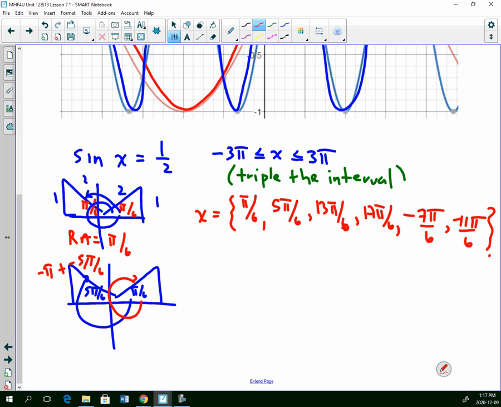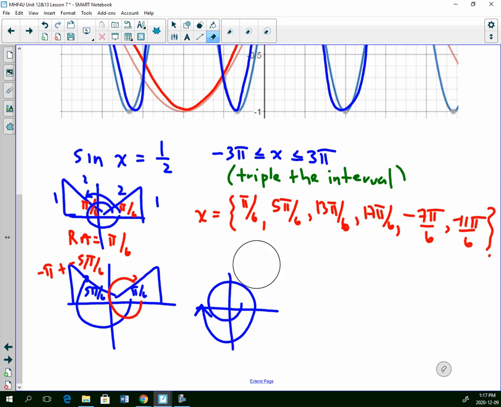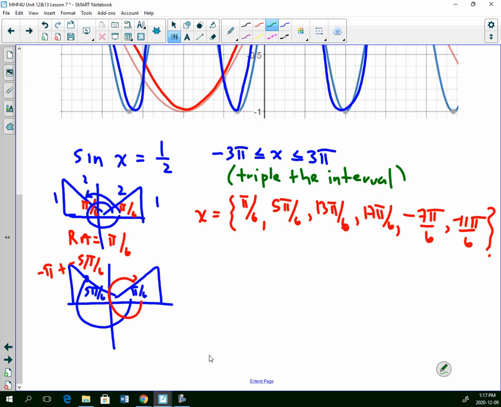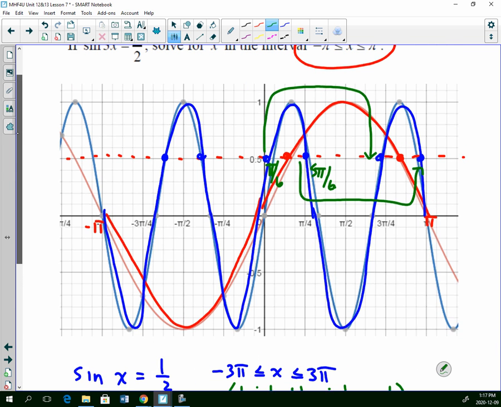The reason we don't have 4 answers to the left is because when we go around again to 3 pi, right? So here's negative 2 pi. If I go to negative 3 pi, it goes to here. Well, there are no answers in the bottom, right? There are no answers in quadrant 3 or 4, so I don't get another 2 like I did in the top. And I can see that here in my graph.